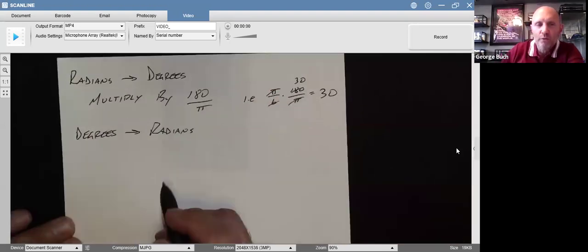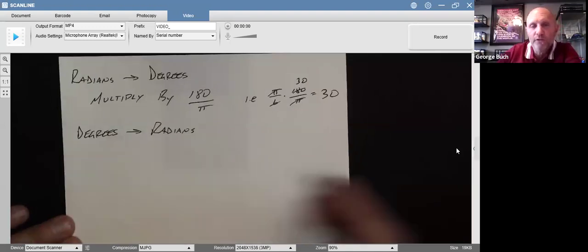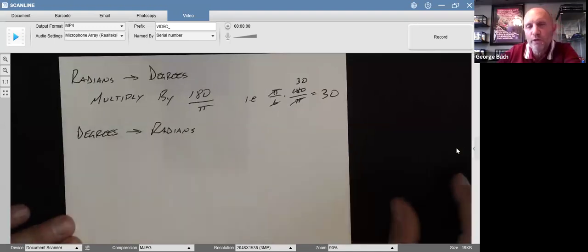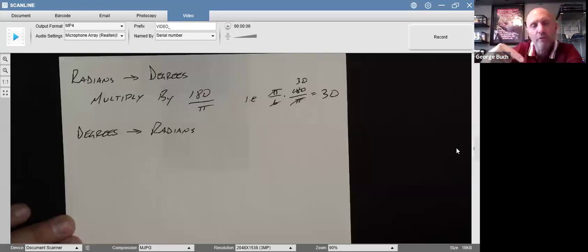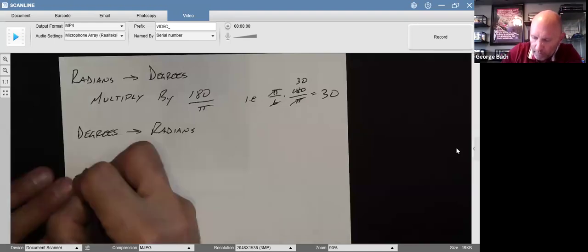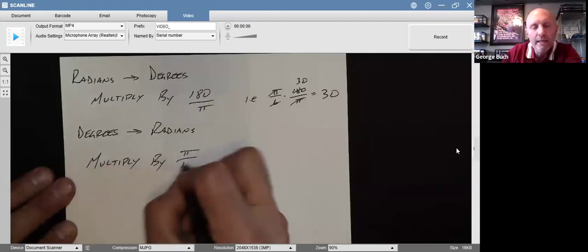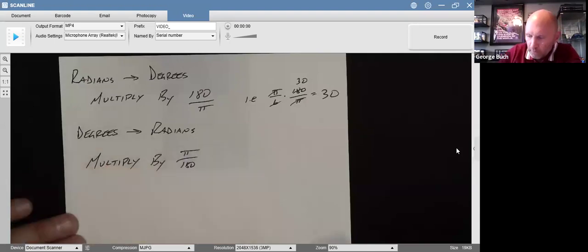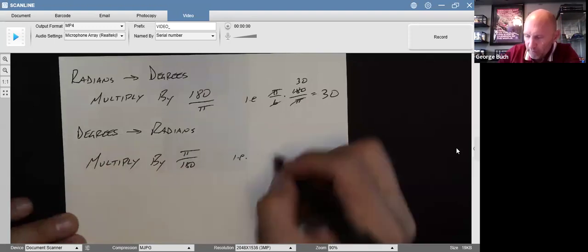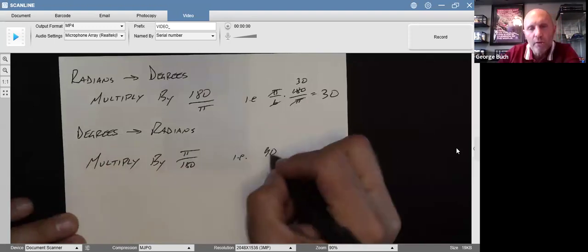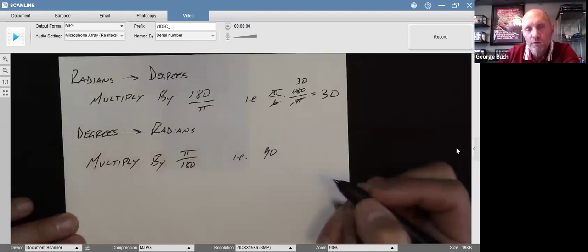So let's say we're going to see in our formulas today, we have to have the value in radians. But if it's given to us in degrees, we have to be able to switch from degrees to radians. And to do that, we multiply by pi over 180. So let's say, for example, I was given 90 degrees and I want to know, all right, what is this in radians?